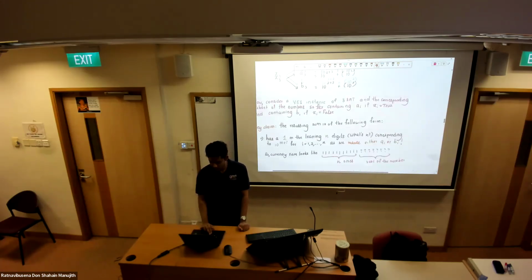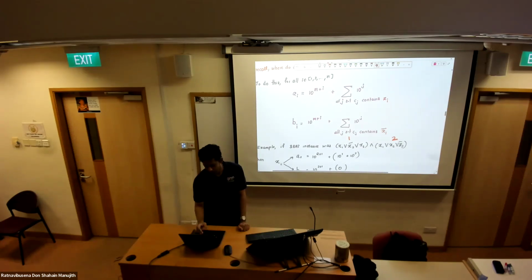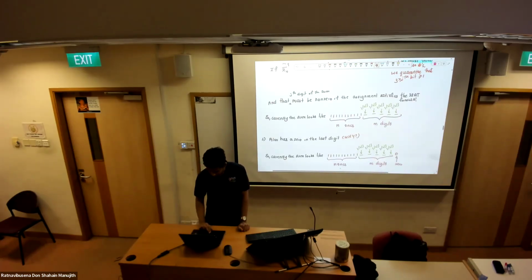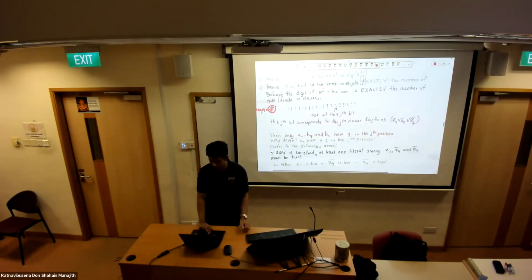Essentially, because our indices are from 1 onwards, even if you add these 10 to the j's, this j will be at least 1. Yeah, okay, that's correct.